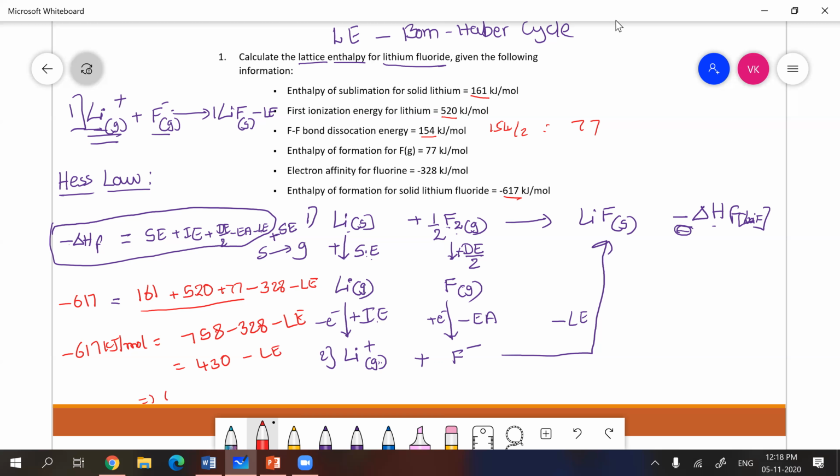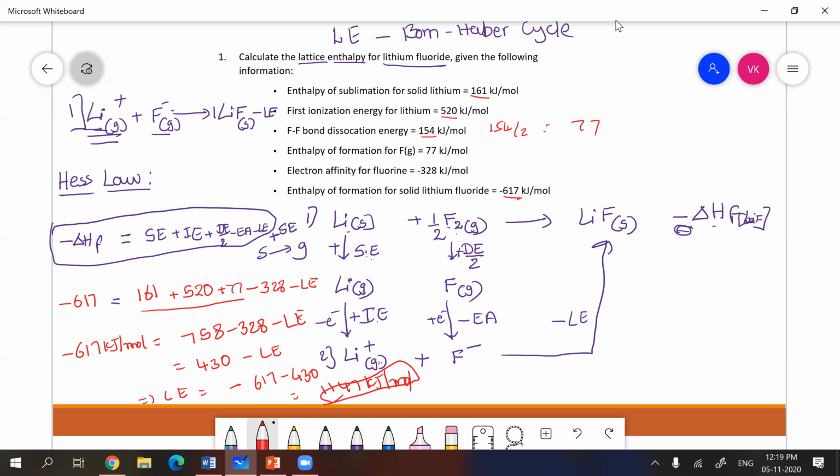So that means lattice energy is equal to how much? Calculate and just tell me. 617 minus 430... that equals 1147 kilojoules per mole. Okay, got this answer?